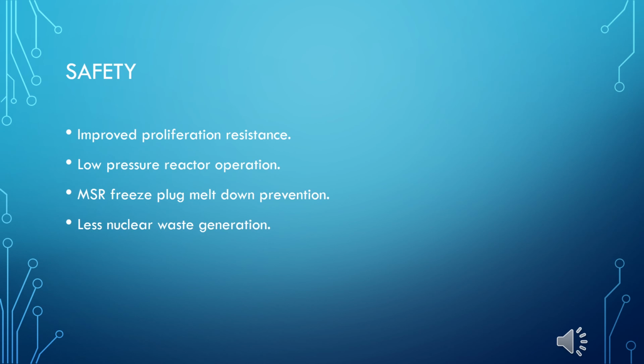Now the liquid fuel wouldn't have its moderator, so the fission process would stop and the fuel would be safely stored in a meltdown tank. And there's also less nuclear waste generation, so you wouldn't have to handle nearly as much nuclear waste since more of the fuel is used up in a more efficient process. So these are just a few of the safety benefits of using a thorium-based nuclear technology.